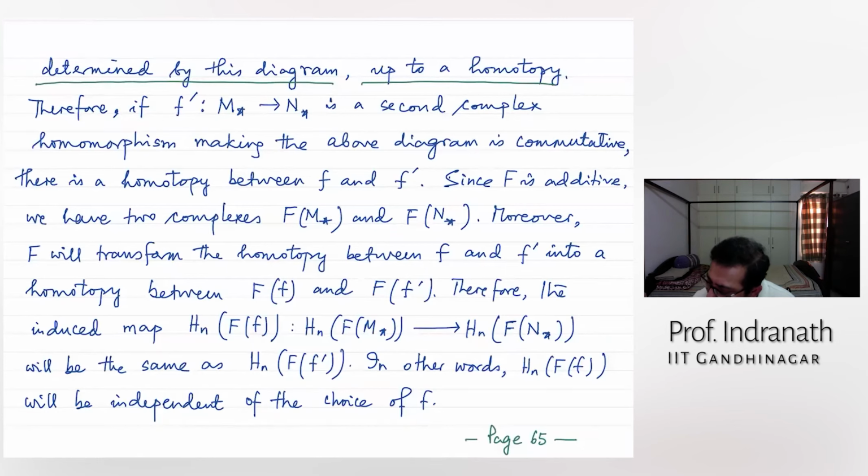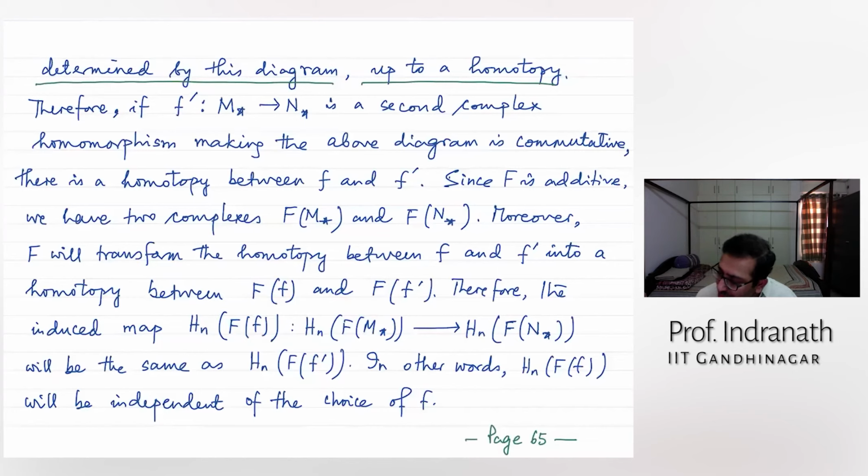It will be the same, because you have a homotopy between these two complex homomorphisms after you apply the functor. Your exactness is possibly lost, but the complex property is there. And so you have the homotopy, and they are the same. In other words, they are independent of the choice of f.